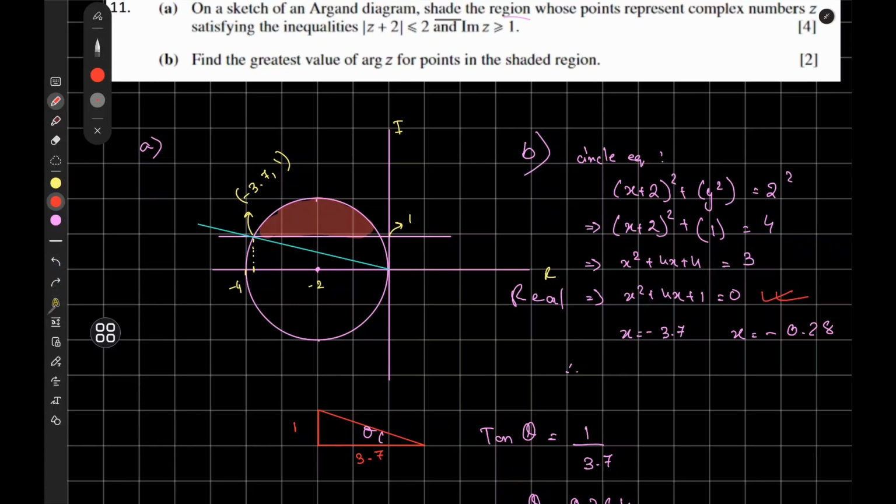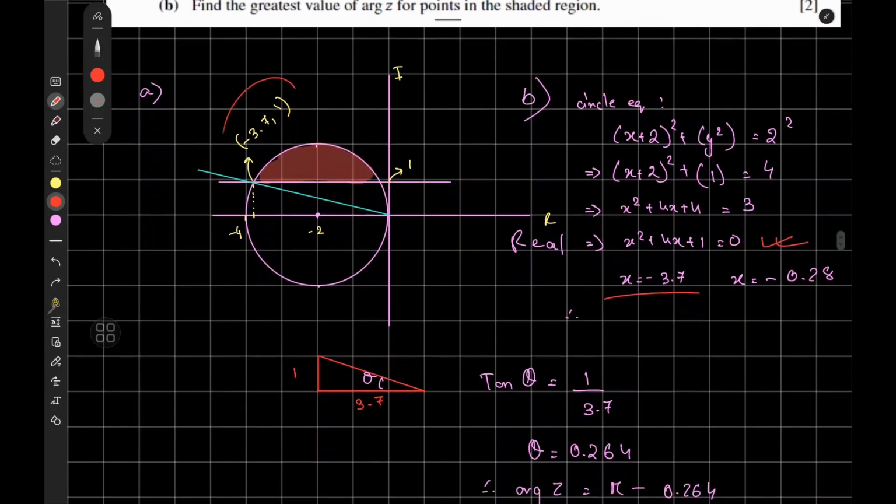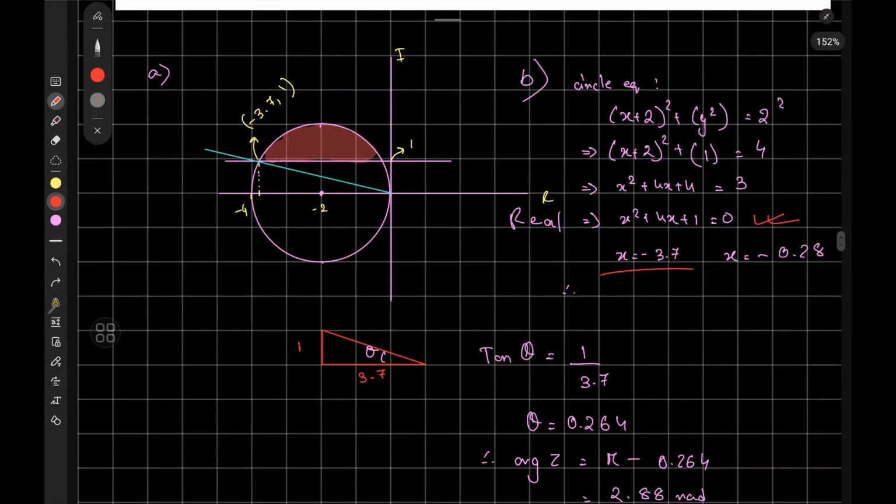So you take the greater negative value, which is for this point. The x coordinate for this point, which is the real part of the complex number, is minus 3.7.